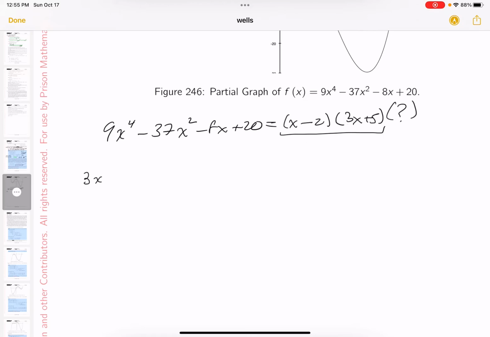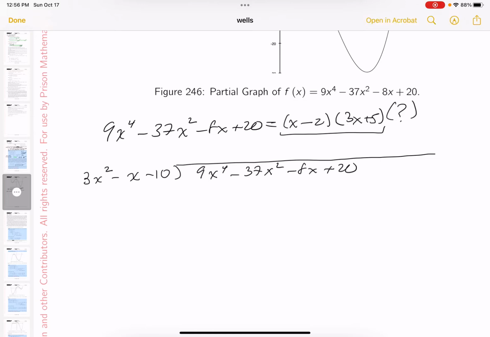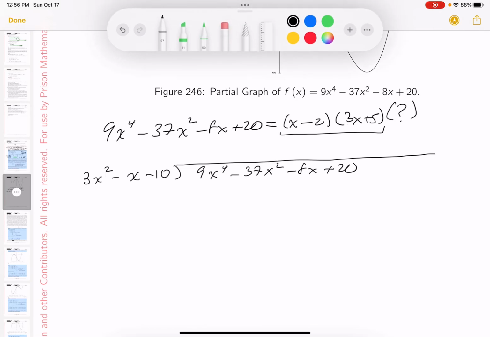So what are you going to get? 3x squared. And then you're going to get, let's see, that would be 3x squared. 5 minus 6 is minus x. And then what do you get? You get minus 10. Remember, the division is going to work out really nicely. I think I went on too far with that division bar there too, didn't I?